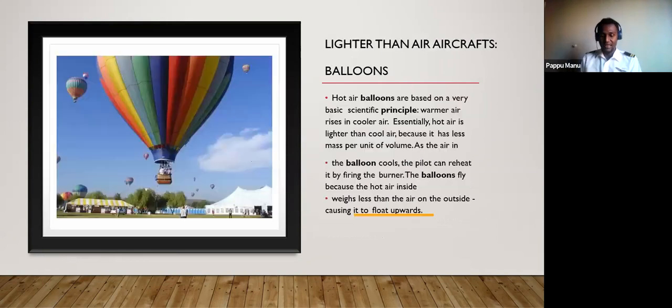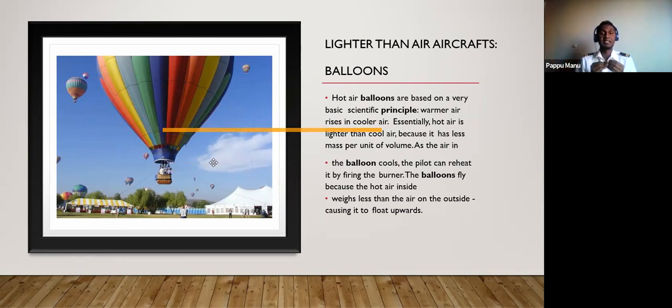Then we are at the last part of our lighter than air aircrafts. I think all of you know this is called a balloon. You have filled it up on birthday parties a million times. Okay. The only difference between this balloon and the balloons we fill at home is these balloons are big, okay, the mere size of it.